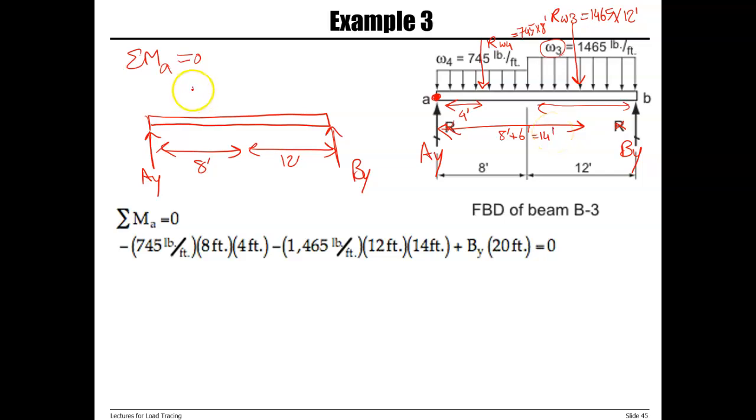So here, 4 feet away, I have the resultant of W4, which is 745 times 8. And here, 14 feet away from point A, we have 1465 times 12.